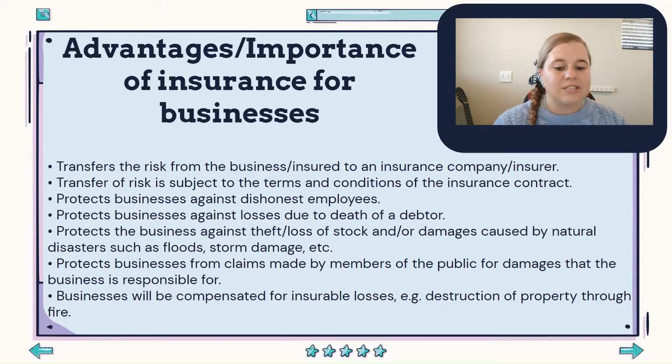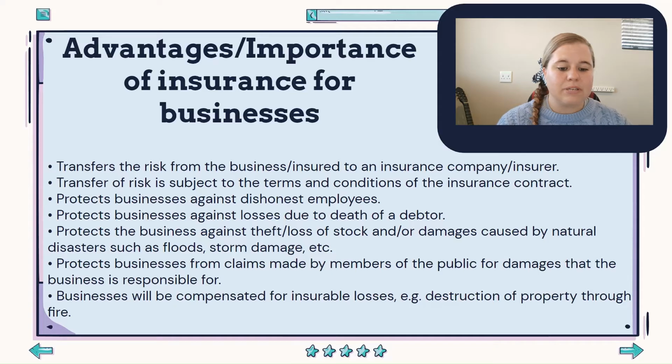It protects businesses against dishonest employees. It protects businesses against losses due to the death of a debtor. So a debtor is someone who owes the business money. So if that person passes away, that money is lost, not if we have insurance in place.